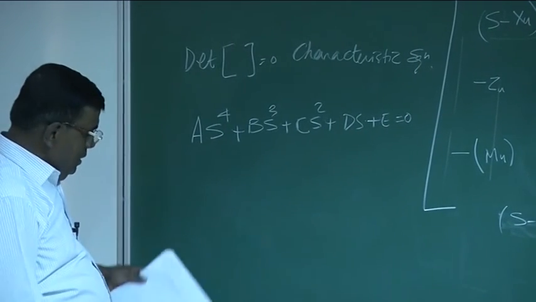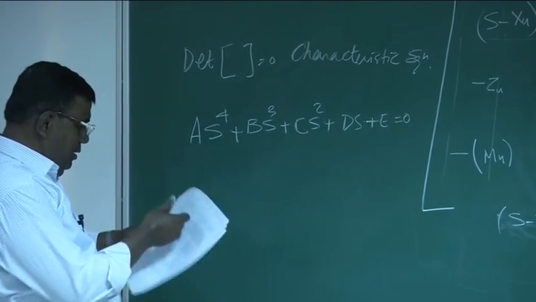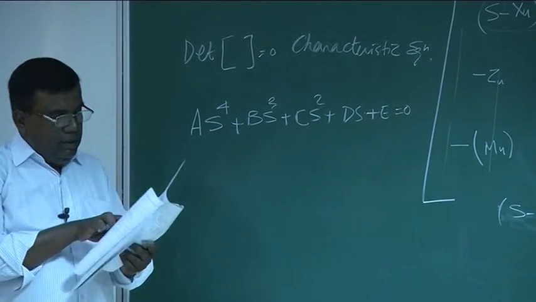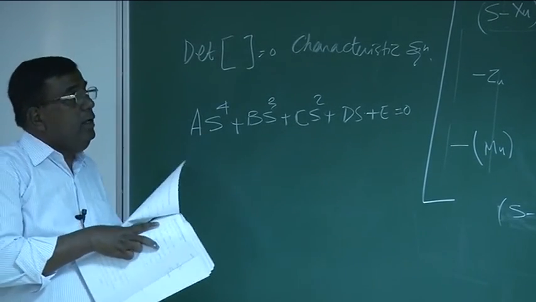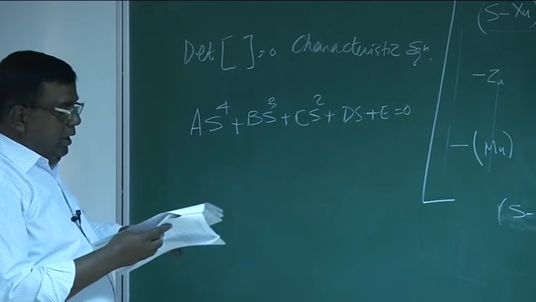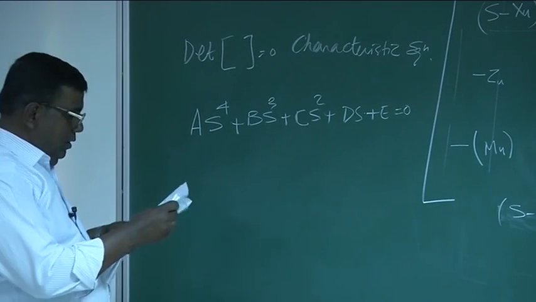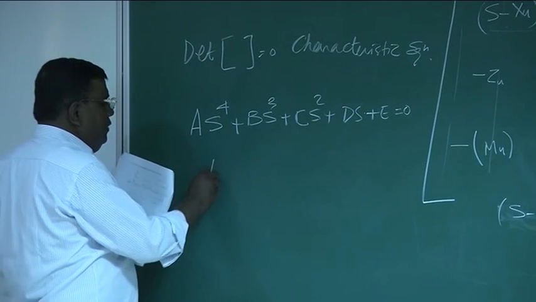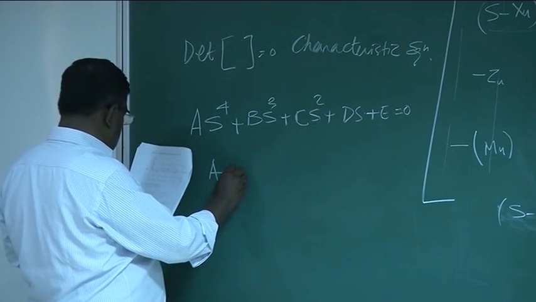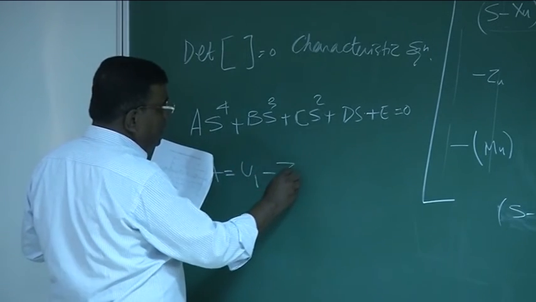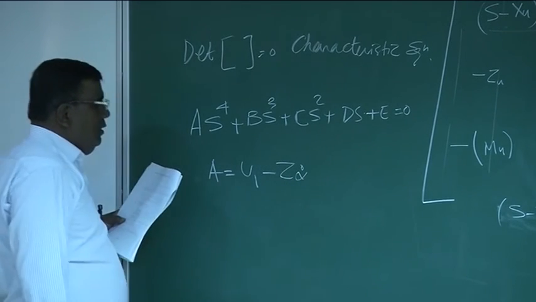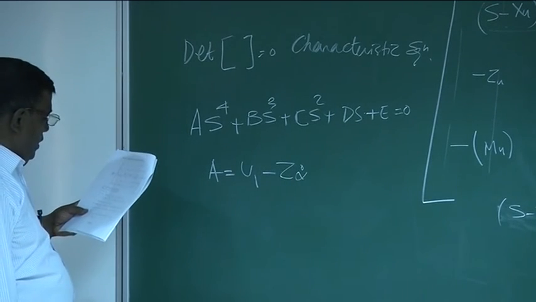For completion, I'll just give you the values of some of these coefficients. Let's say if I do the determinant part of it and put it to 0, what is the a I will get? You will soon see, and you can do it yourself. We will not do it on the blackboard here. A will be u1 minus z alpha dot.